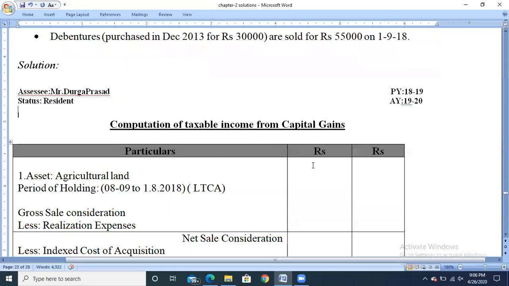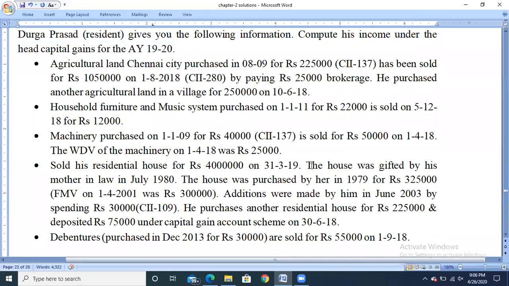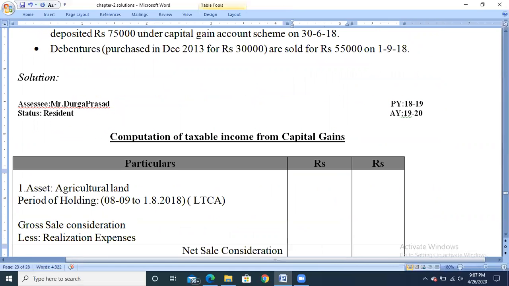So first take the value called gross sale consideration. The asset has been sold for rupees 10,50,000. So that will be the gross sale consideration. From that, minus the realization expenses.